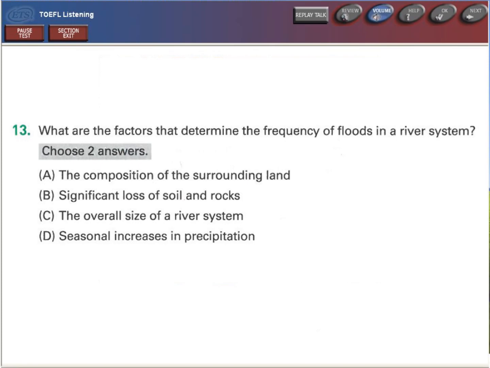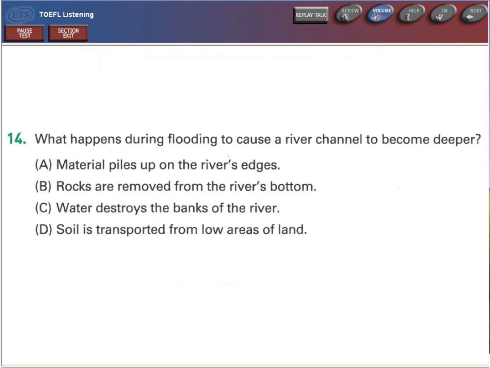What are the factors that determine the frequency of floods in a river system? 14. What happens during flooding to cause a river channel to become deeper?